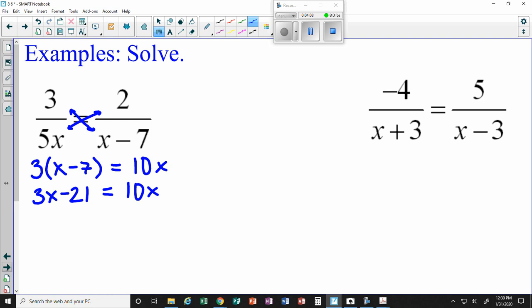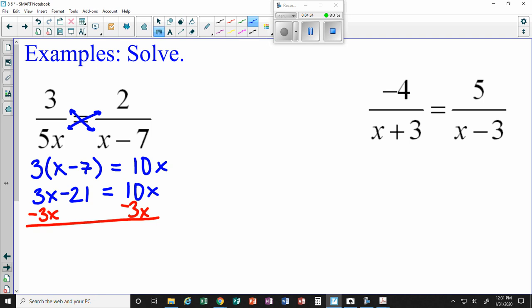So I want to get those two terms together. Now, the more complicated, I deal with the variables first before I mess with the constants. So if I have a 3x and a 10x, well, there's more stuff on the left. I'm going to take away the 3x from both sides and get it off that side.